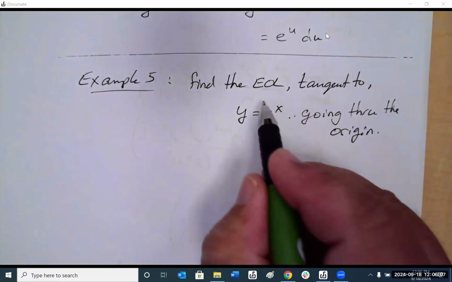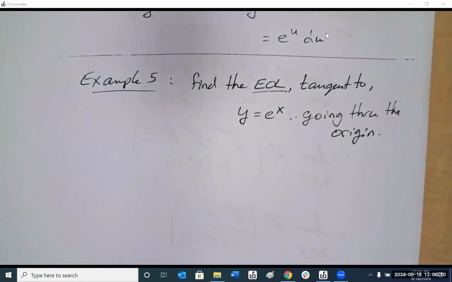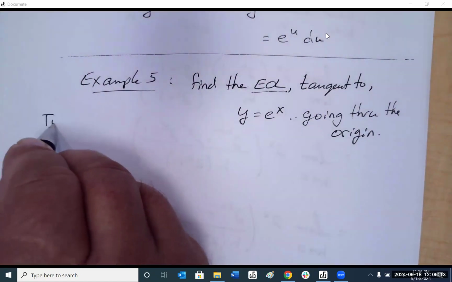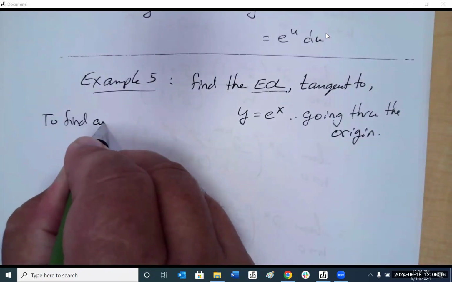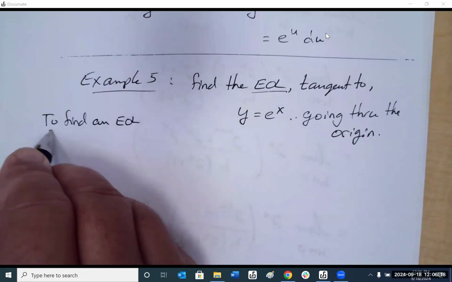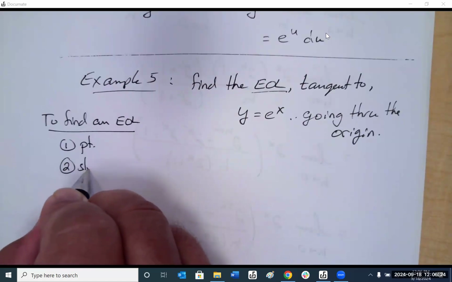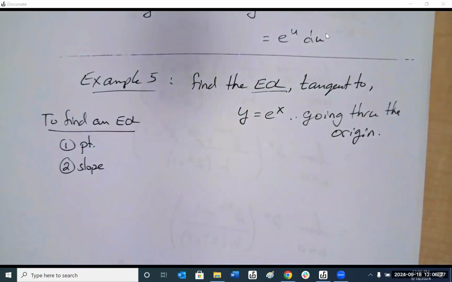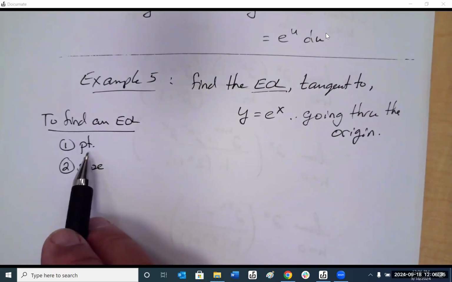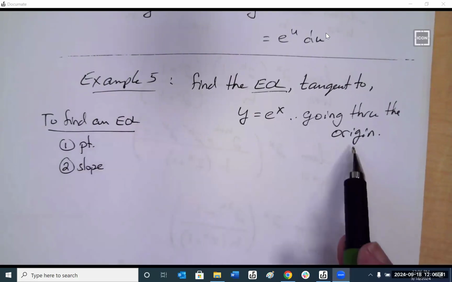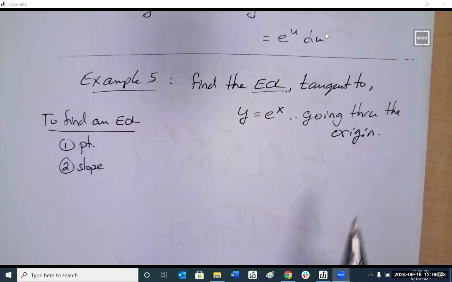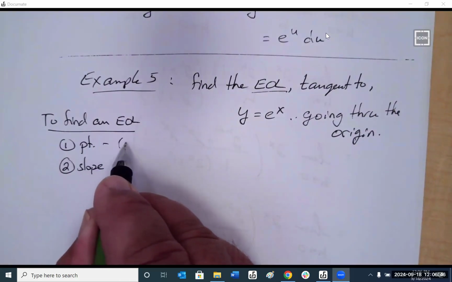To find the equation of a line, what do we need? We need a point, and we need a slope. Do we have a point? If the line goes through the origin, what's that point?